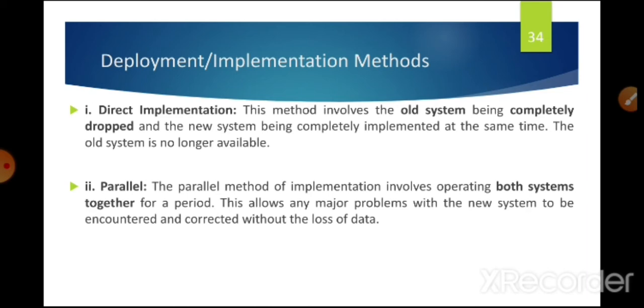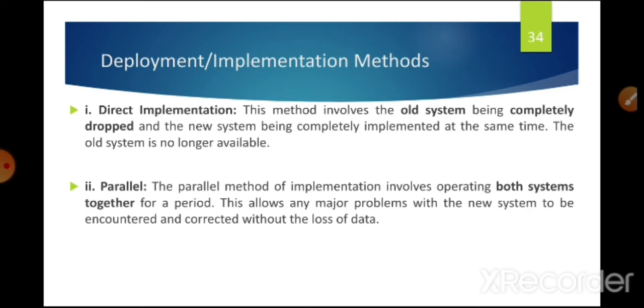This is known as direct implementation. This type of implementation is usually discouraged because it is a challenge for the users to switch to the new software at once, which is difficult for the users.